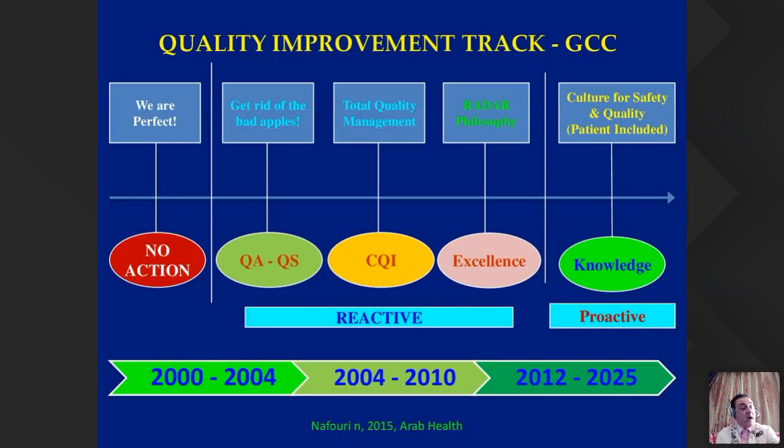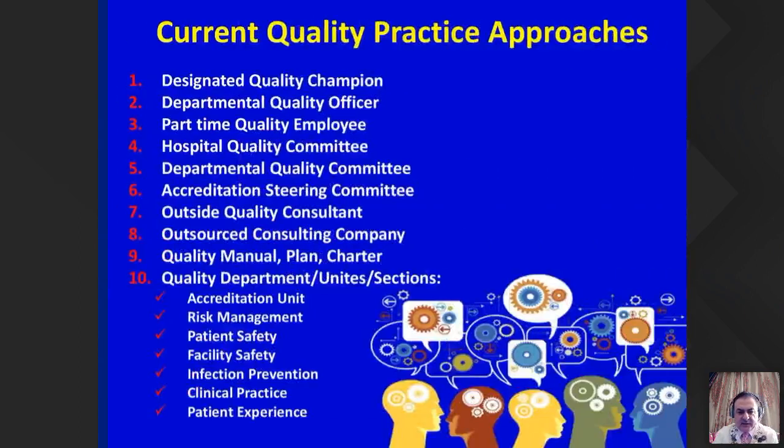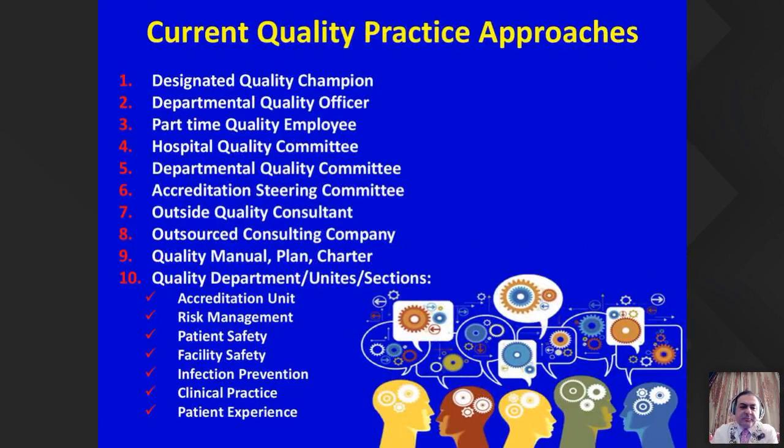Yesterday I was looking, and we are proud to see Abu Dhabi at number one, and Riyadh is number 16, or 15, I believe. That's an excellent achievement because we moved from being reactive to being proactive, with a safety culture and quality reviews.